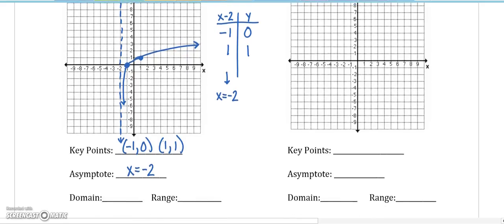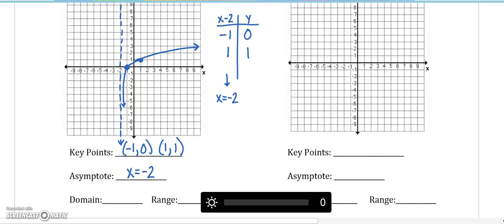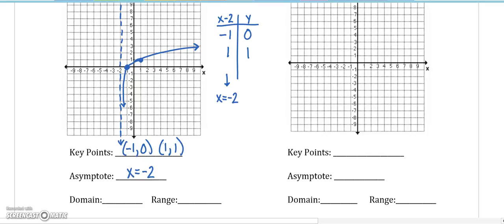All right, the last two pieces are domain and range. Well, this is going to be a little different too. But again, it's the same idea. Just switch x and y. So think back to those exponential graphs. Do you remember how the domain was all reals and the range had a restriction? Well, now we're going to switch that around. So for these, our range is all reals because look, it's going all the way down and all the way up.